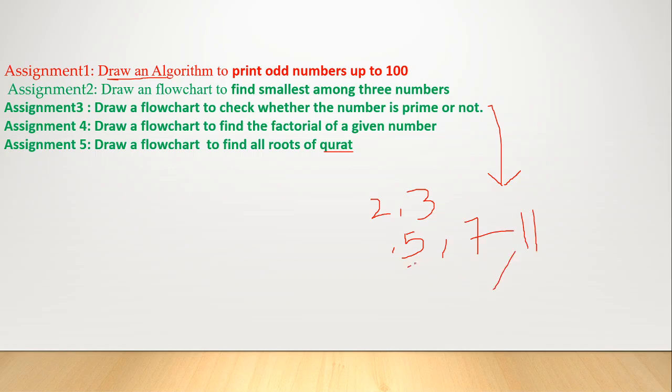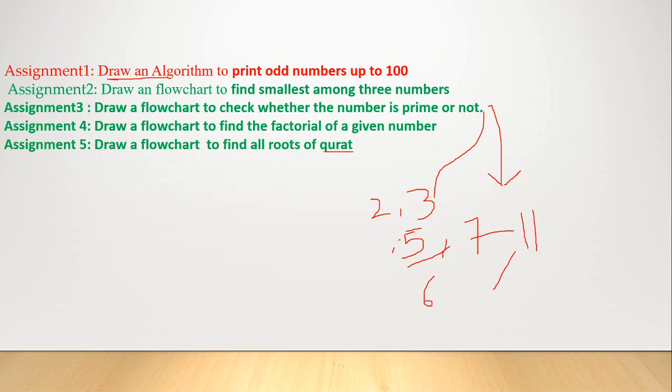In the case of the third assignment, if we enter the number 5, the output should be the number is prime, and if we enter the number 6, the output should be the number is not prime.